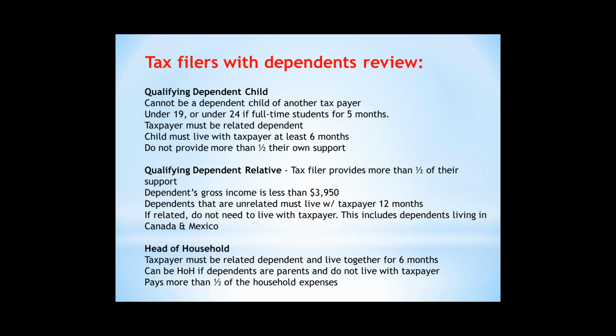They can't have lived in the house any less than 12 months. And this does include anyone; they don't have to be directly related to the taxpayer. And then head of household, again, it just has to be a single person. They have to have provided support for any dependents for at least 6 months and keep up more than half the cost of the household expenses.